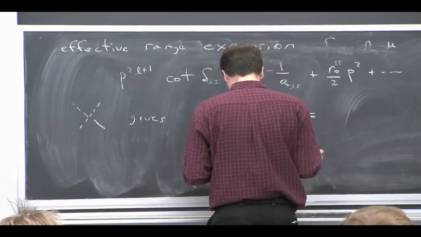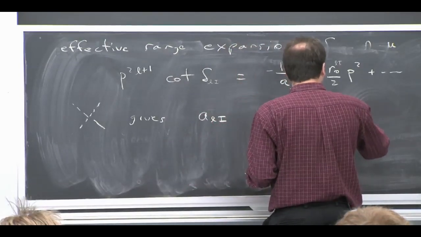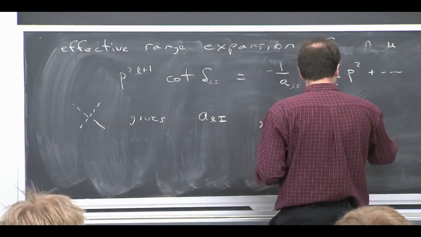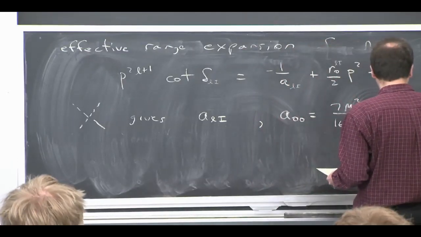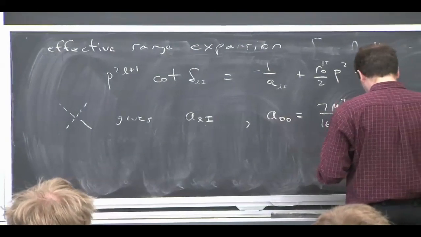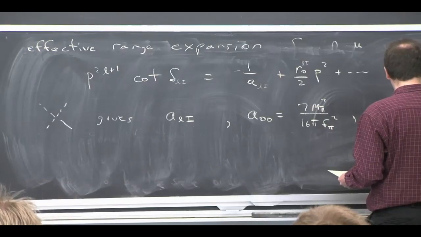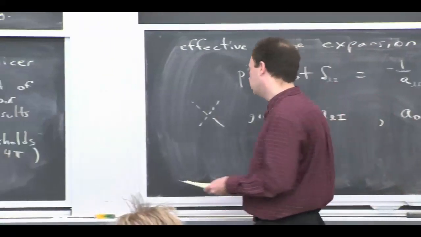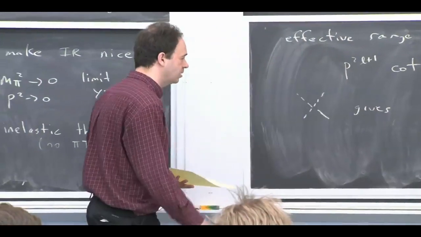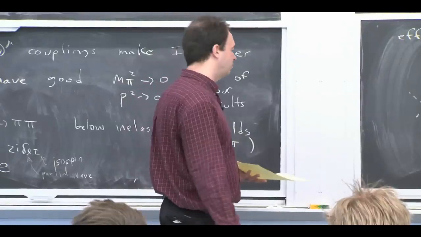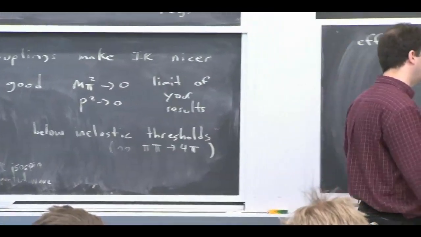So I'll just quote a couple of them to you. You just get parameter-free results, parameter-free in the sense that they just involve m pi and this thing f. This thing f is actually measured by pion decays, so it's not an unknown.